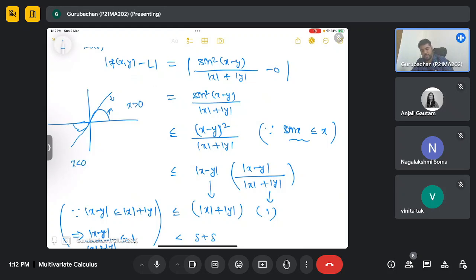When you talk about the x negative region, x is less than or equal to sin x. So overall, if we take mod on both sides, this inequality will change and this inequality will remain the same. So we can write it like this, in general, for x belongs to R.